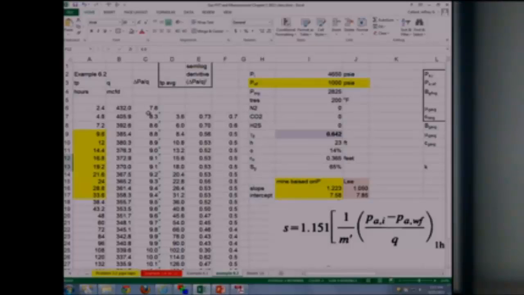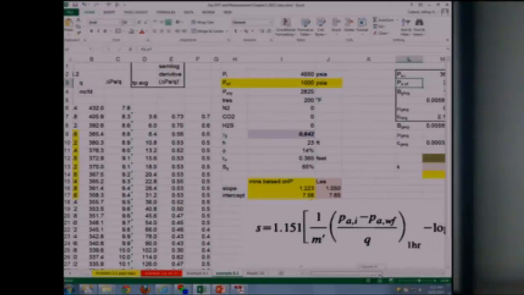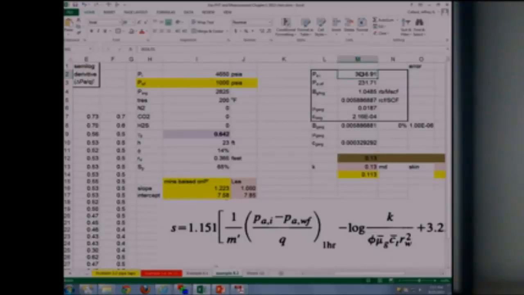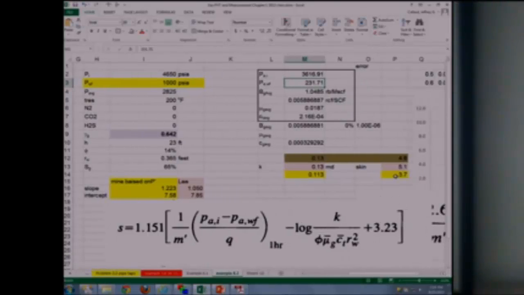And let's see, delta PA. Oh yeah, they gave us delta P skin. Or did we calculate this? No, we used their numbers. I'm not sure why I'm getting a slightly different number than 4.8 for my skin.